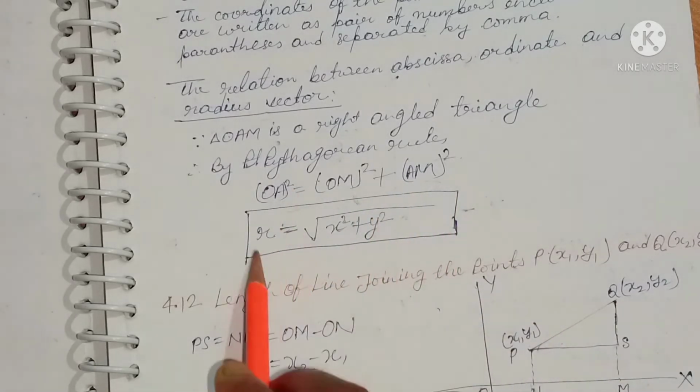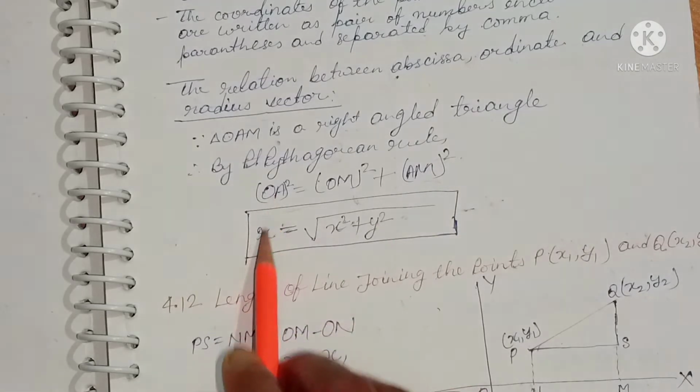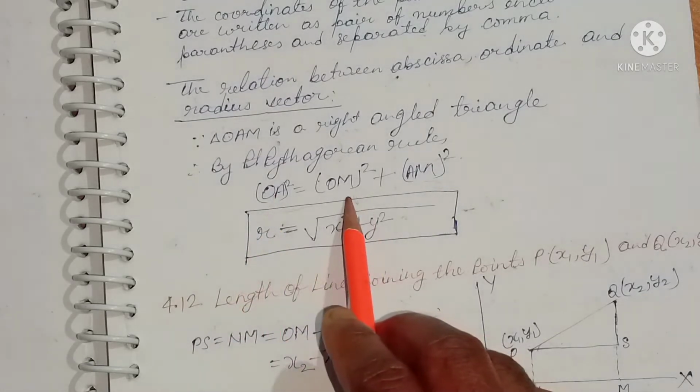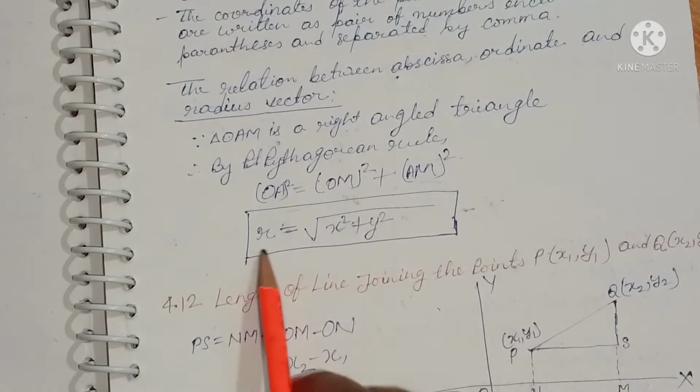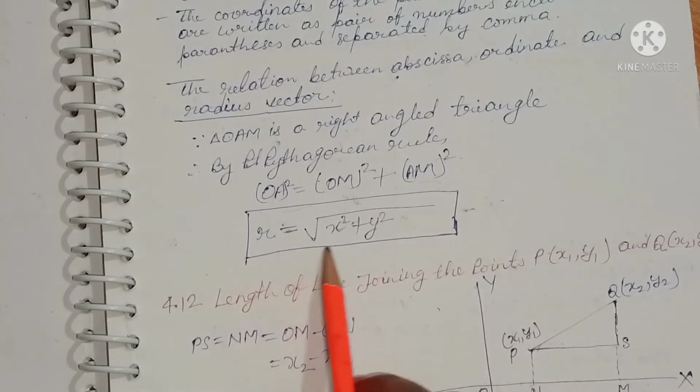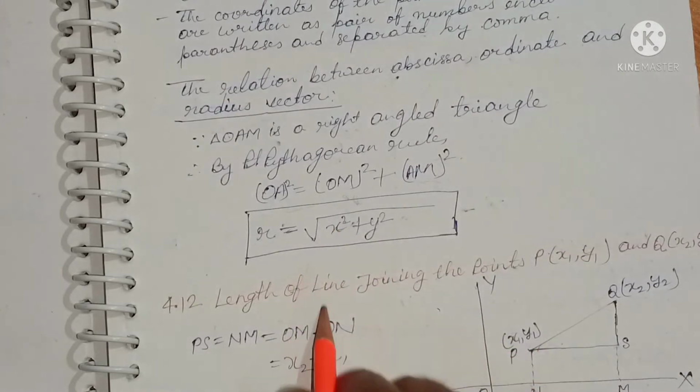So in place of OA we write R, in place of OM we write X, and in place of AM we write Y. Hence we get R equals square root of X square plus Y square. This is the way we can find out the radius vector of point A.